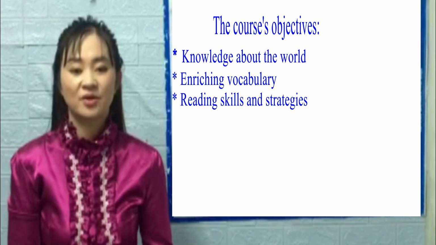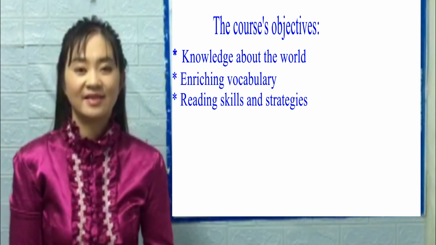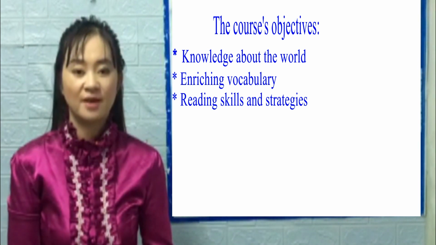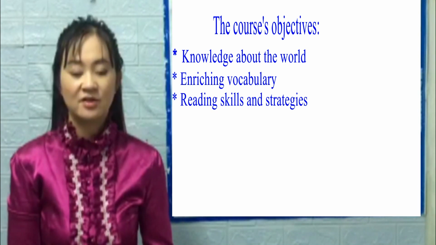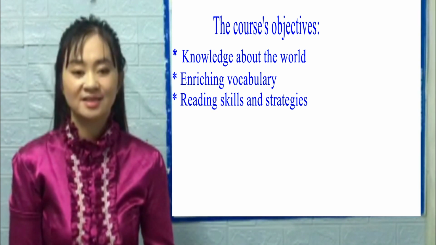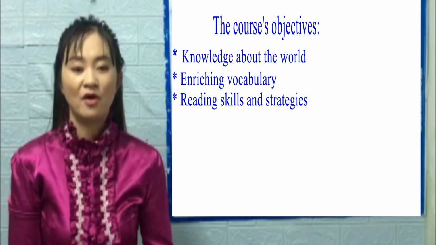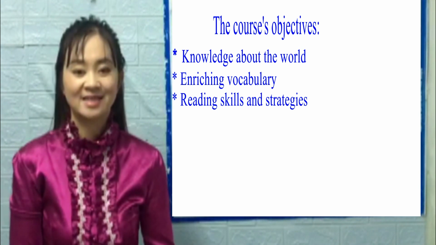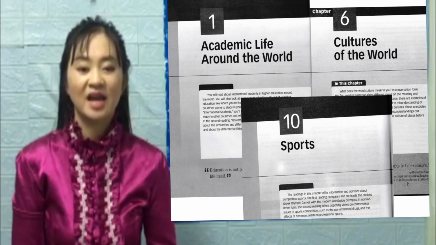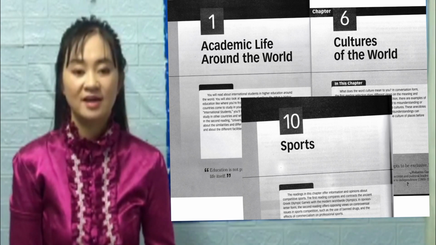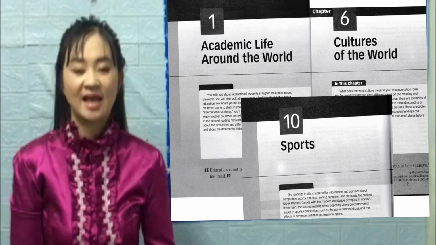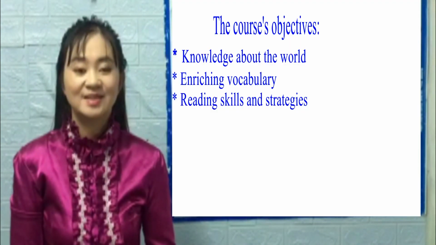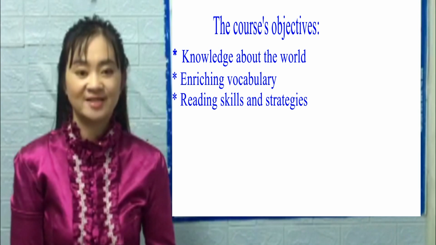After you finish this course, the requirements are that you get knowledge about the world around us through 10 reading topics with a variety of long and short reading tests. For example, academic life around the world, cultures, sports, and so on. Besides, you can enrich your vocabulary and build your reading skills and strategies.